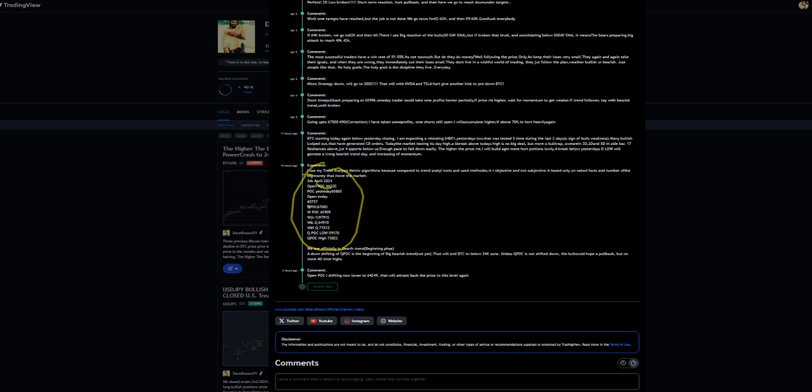For example, yesterday we saw that 66,200 was the opening POC, and during the day that opening POC was shifted to 64,000.